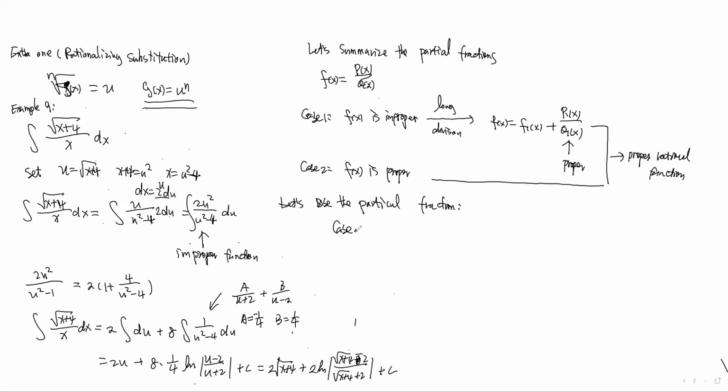Case 1: q(x) only contains terms like a1x plus b1, up to akx plus bk. We assume our fraction is proper here. If so, p(x) over q(x) can be written as A1 over a1x plus b1 and so on, up to Ak over akx plus bk.